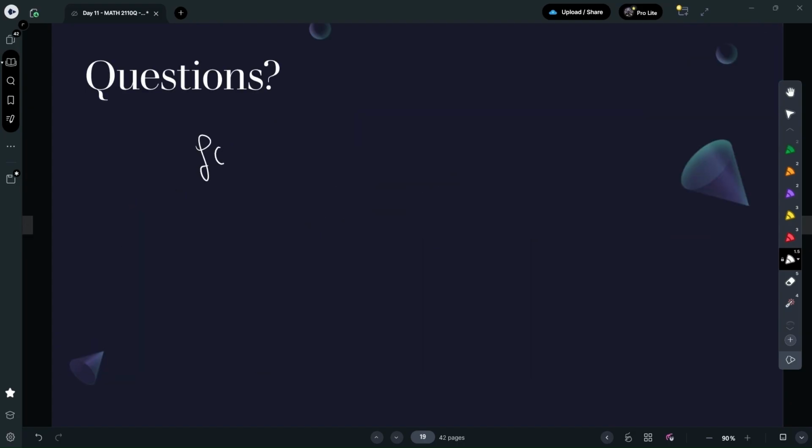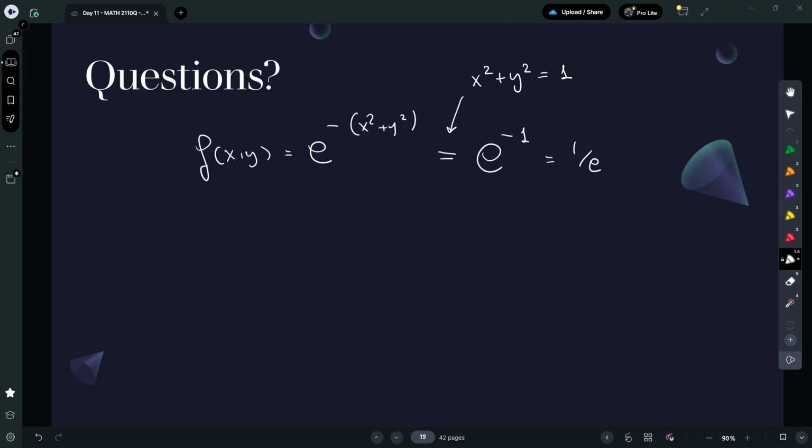So f of x y, which is e to the minus x squared plus y squared, is equal to, when we are precisely in the boundary, when x squared plus y squared is equal to 1, e to the minus 1, which is 1 over e.